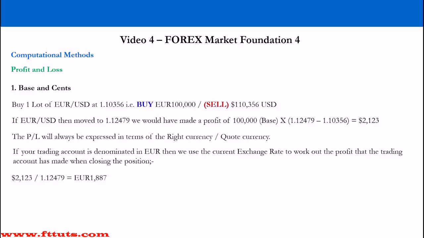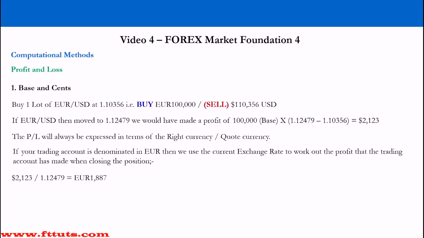You can see that the profit is expressed in dollar terms, and this is always the case. The P&L and exposure, as we saw earlier, will always be expressed in terms of the right currency, so the currency on the right-hand side, the quote currency. Now, if your trading account is denominated in the base currency, in this case the euro, then we use the current exchange rate to work out the profit that the trading account is going to make in base currency terms.